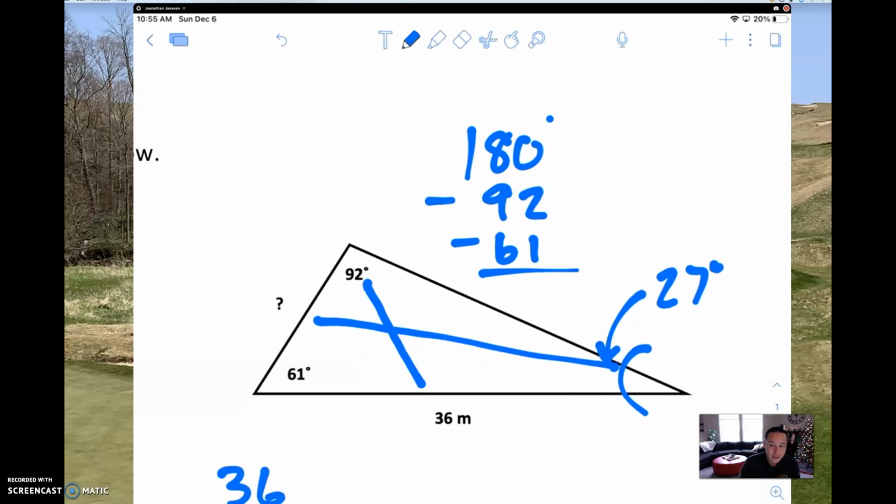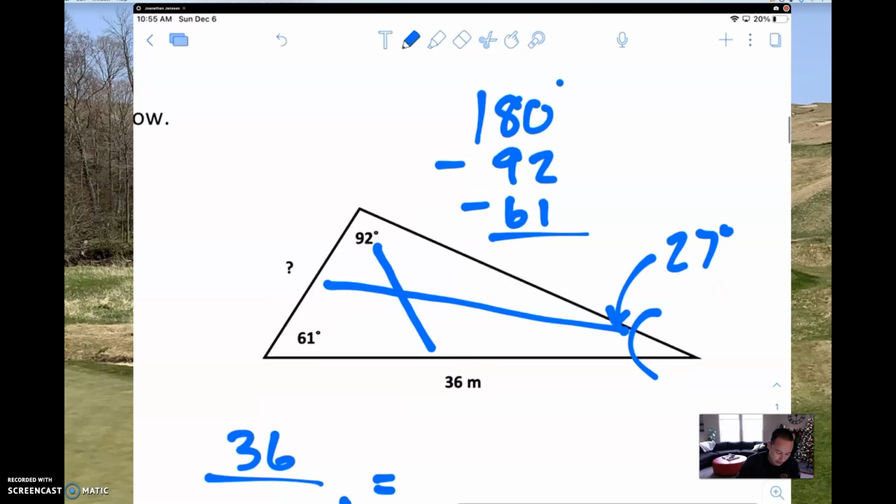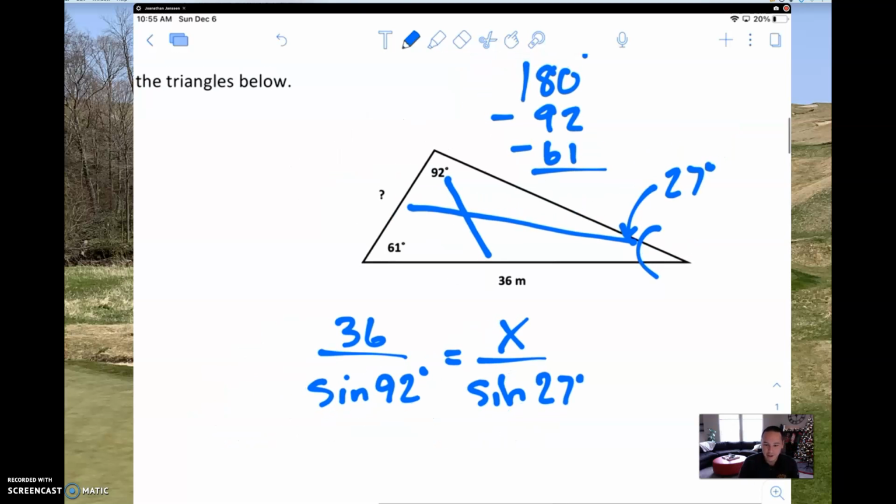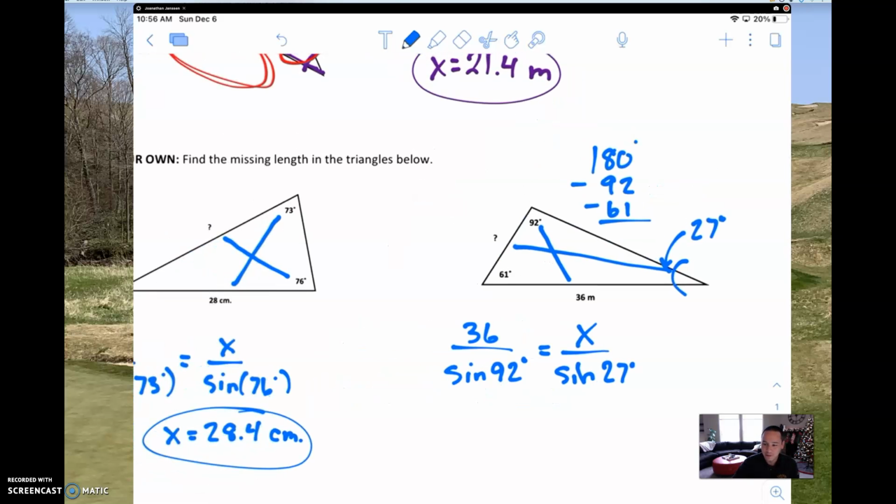So now knowing that that's 27 degrees, I can use that to find the length. So x matches with sine of 27 degrees. And you can go ahead and solve that by multiplying both sides by sine of 27. I won't do that for you. You can do that on your own.